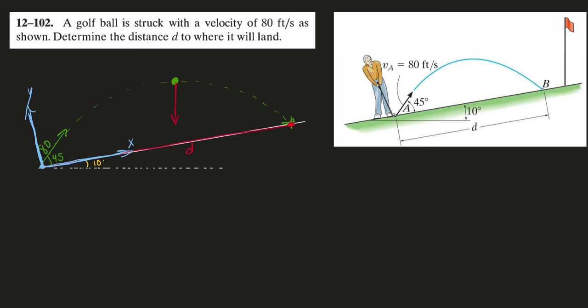But because we've chosen to tilt our x and y coordinate system, this 32.2 will have a negative y component and a negative x component, an ax and an ay.